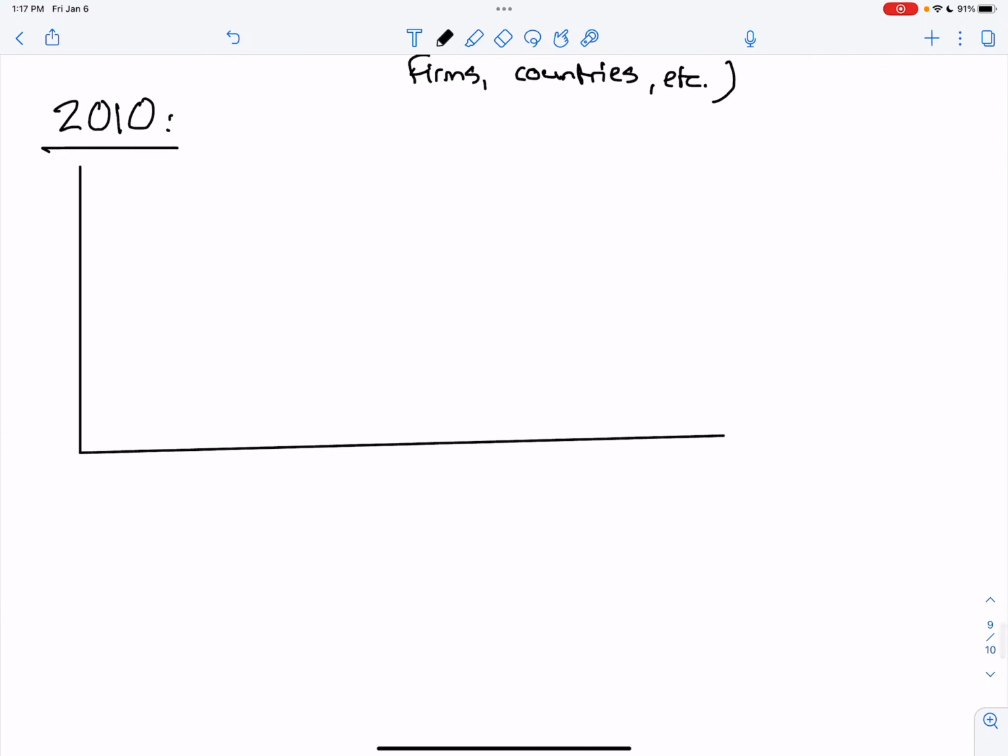We could call these, well, this is not going to be very creative, but neighborhood 1, neighborhood 2, neighborhood 3, and neighborhood 4.